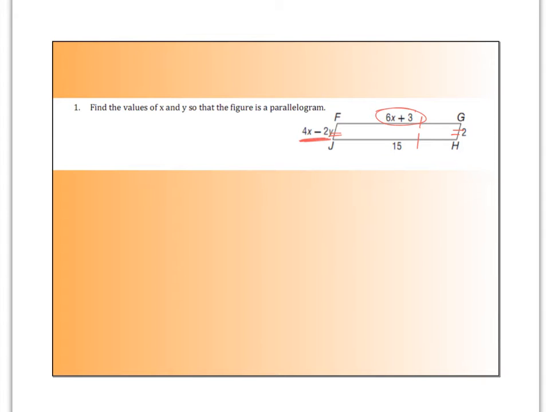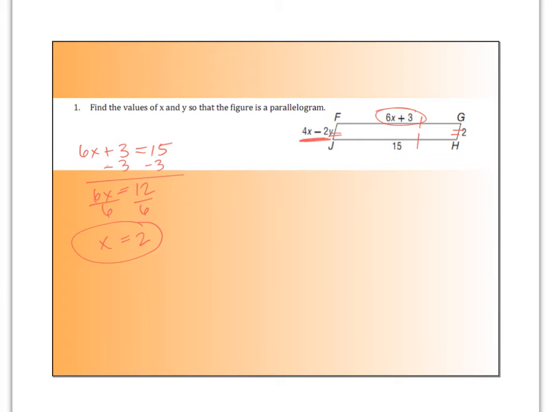I would start with FG. So 6x plus 3 is congruent to the opposite side, which is 15. They're equal to each other. Subtract your 3. 6x equals 12. Divide by 6. x equals 2.